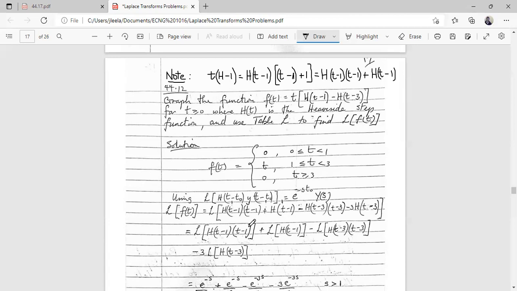I have to multiply t by h into t minus 1. So t of h of t minus 1.